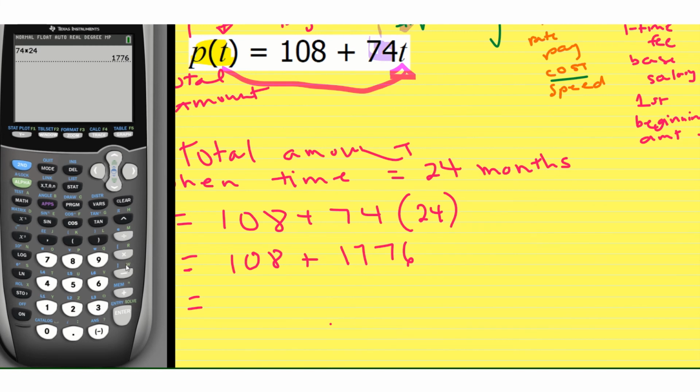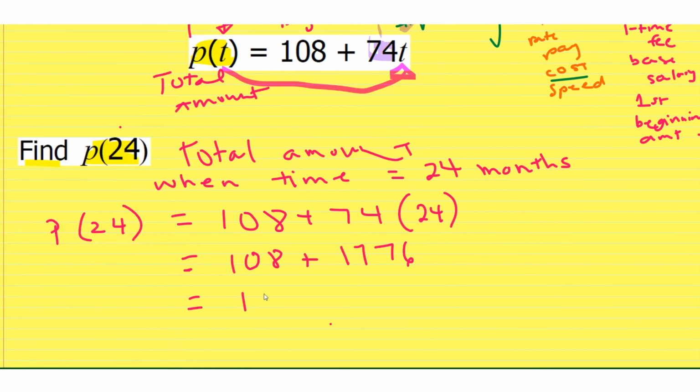So 1776 plus the 108, and that's going to give us $1,884. So this is telling us that our P function, which represents the total amount he's going to pay, our P of 24 is going to be equal to $1,884, which again is the total amount that he's going to have to pay for 24 months.